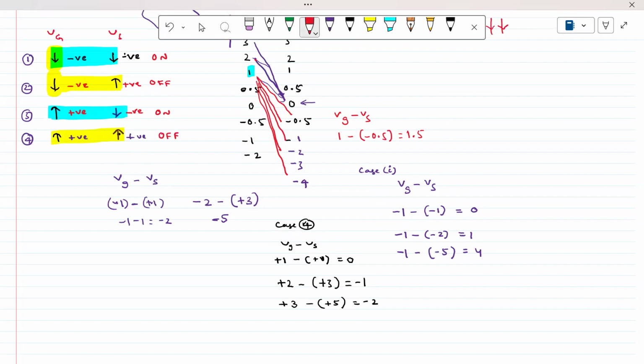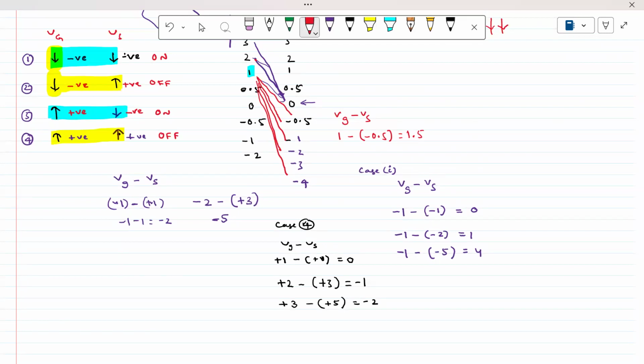So what is the conclusion? If I take the gate potential and source potential, you are increasing the gate potential in the positive direction and increasing the source potential also in the positive direction. Then what will happen? As long as the source potential increases in the positive direction more than that of the gate potential, the transistor becomes off. See the comparisons.